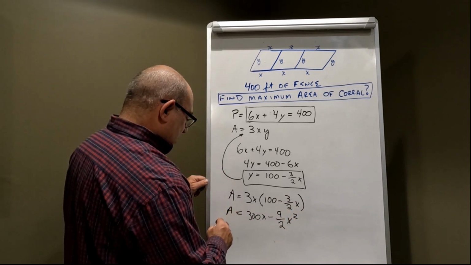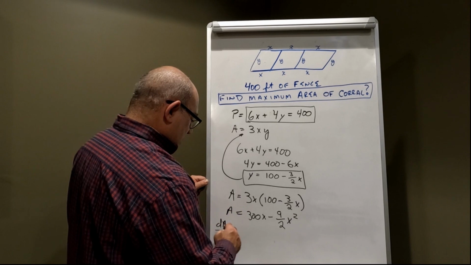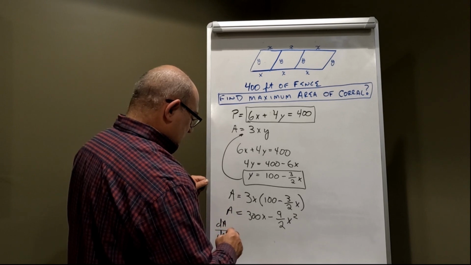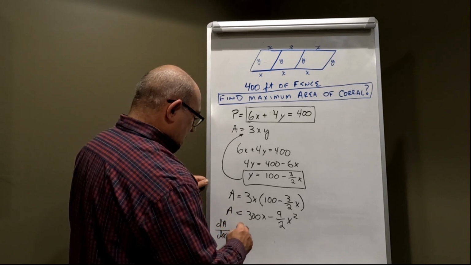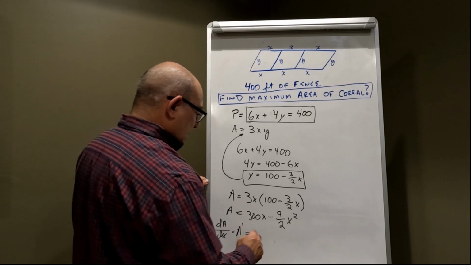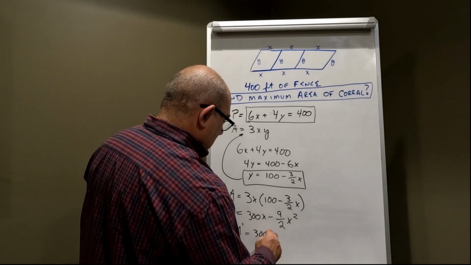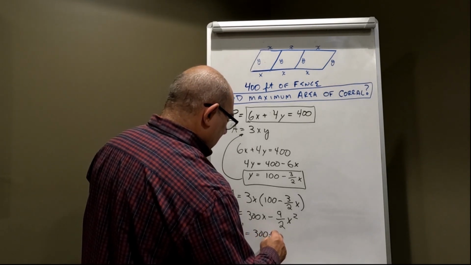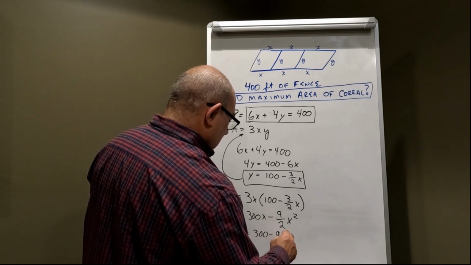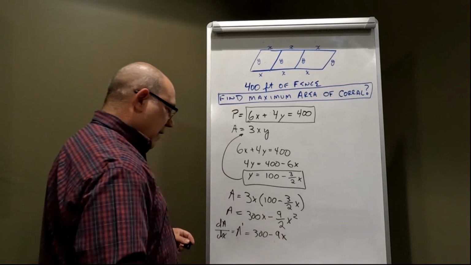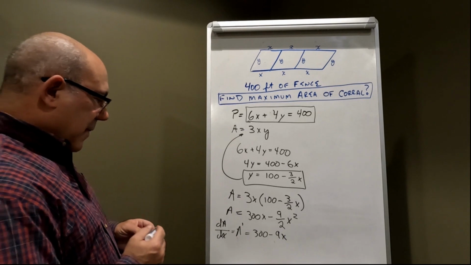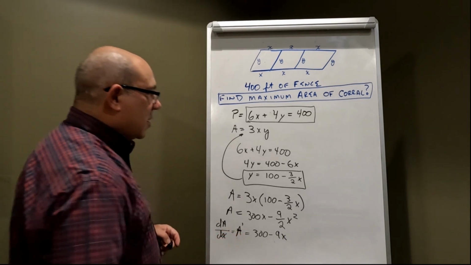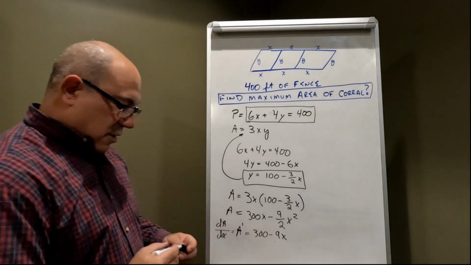Now, we take the derivative of A with respect to x, which we'll call A prime. That is going to equal 300 minus 9x. Okay? Now, to find the maximum, we're going to want to set this equal to 0.